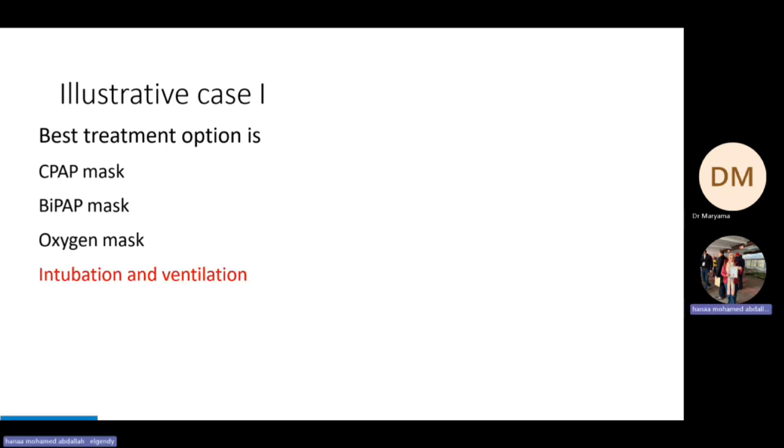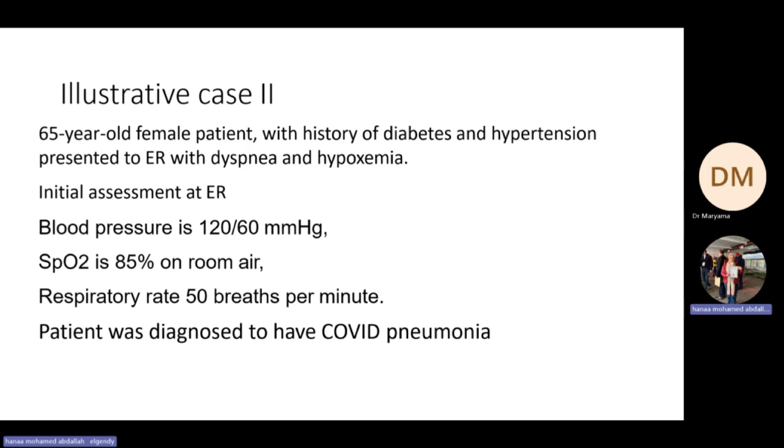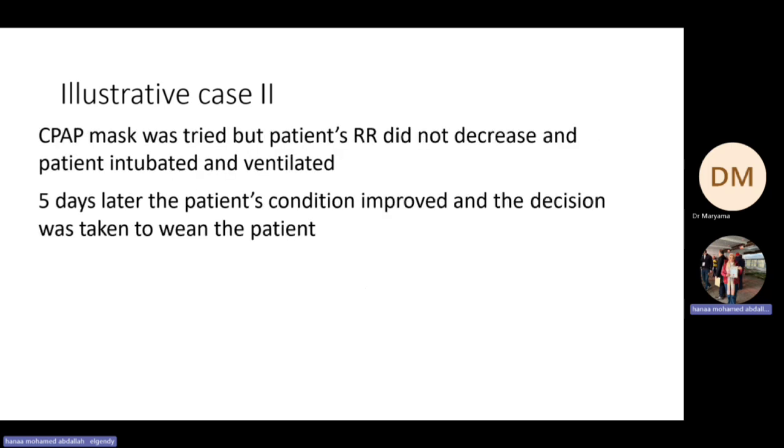The second illustrative case is a 65 years old female patient with a history of diabetes and hypertension who presented to the ER with dyspnea and hypoxemia. In the initial assessment at the ER, SpO2 is 85% on room air, and respiratory rate was 50 breaths per minute. The patient was diagnosed to have COVID pneumonia.